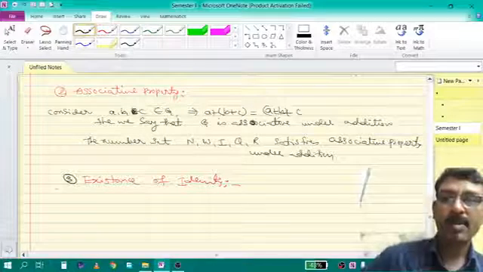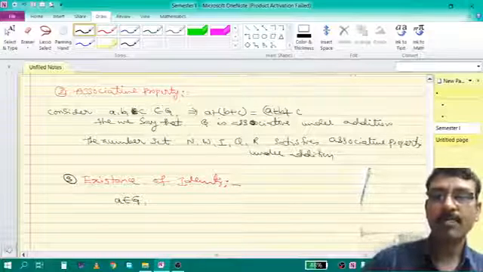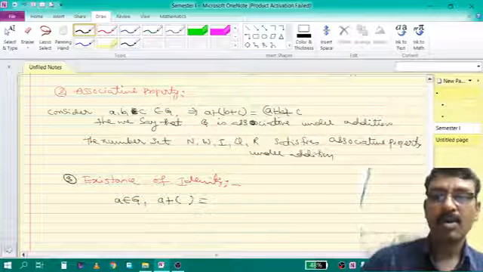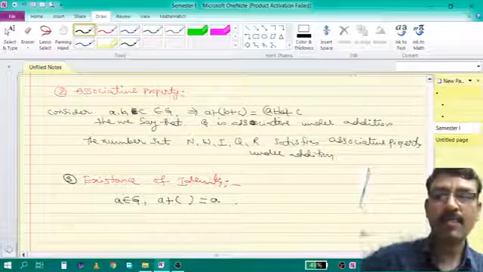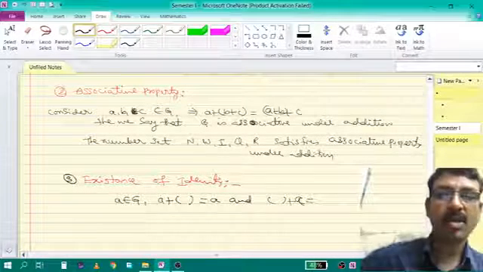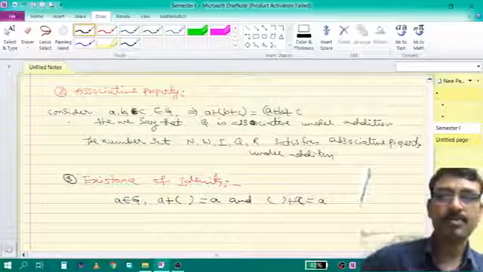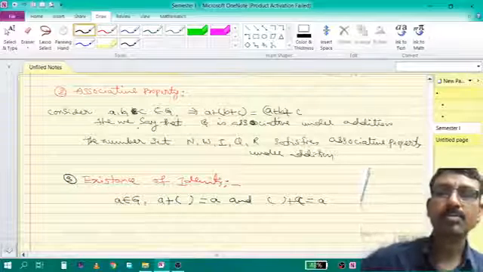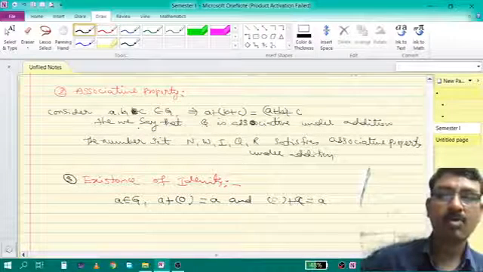If you consider any number, for example, I take a number A in Z, we should have a particular number in Z such that A plus the number, we should have the same result A, and also the particular number plus the number A, we should have A. So obviously the number is 0. All of you know.